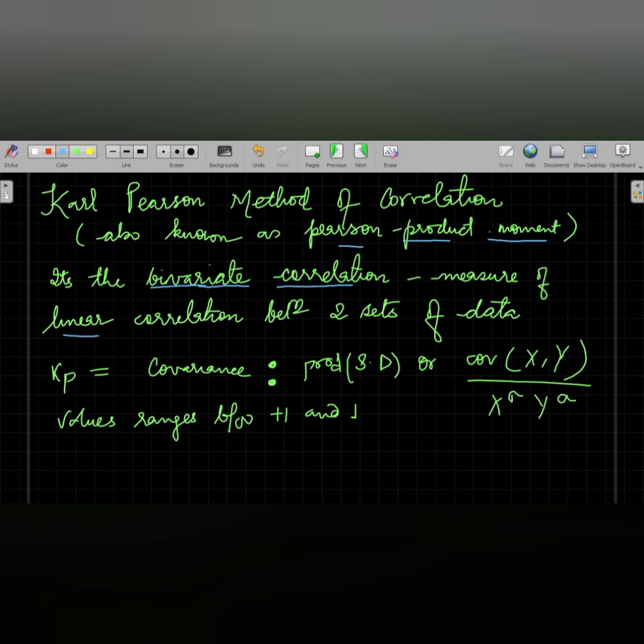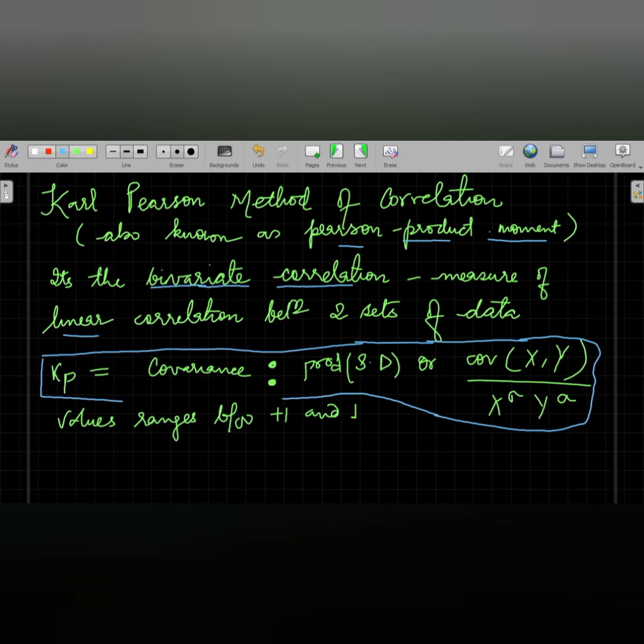Now see, Karl Pearson is the ratio of covariance and the product of standard deviations. Or we can say covariance of x and y divided by standard deviation of x times standard deviation of y.